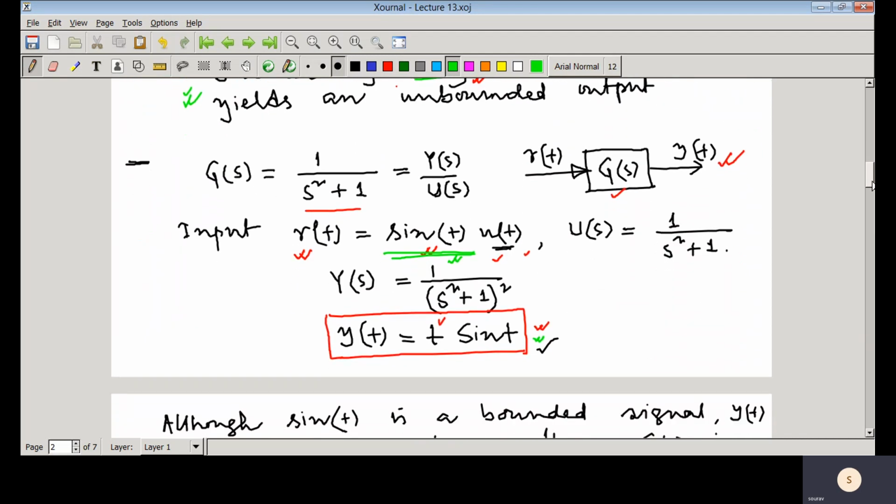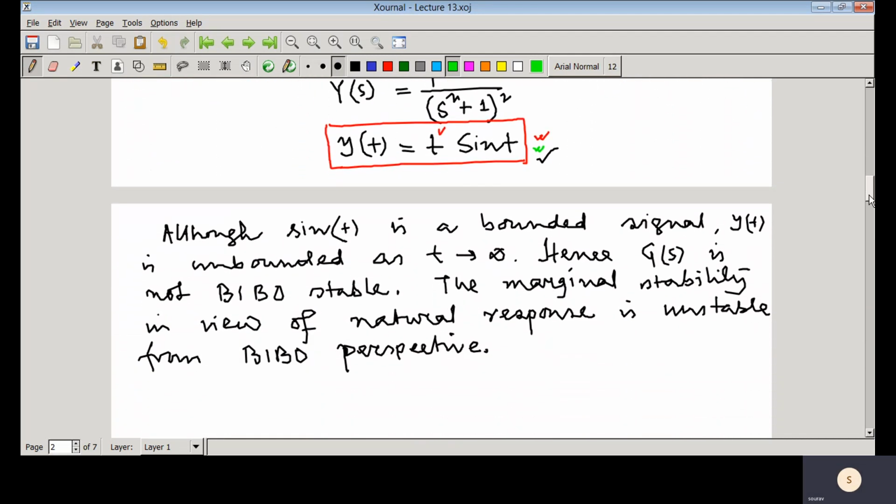That means from the bounded input, bounded output concept, the marginal stability in view of natural response is treated as an unstable system from the BIBO perspective. So if someone asks you whether the system is bounded input, bounded output stable or not, if it is marginally stable, then your answer would be no, it is BIBO unstable.